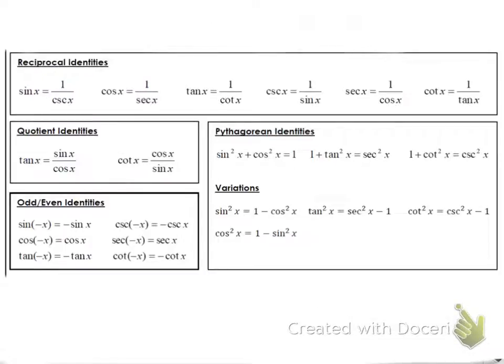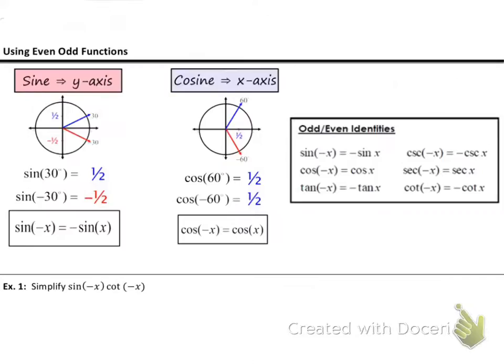So the reason why I didn't pick this other one, it's got tangent in it, right? But it has cosine and sine, so I won't be able to narrow it down because I don't know sine and I don't know cosine. Okay? So we're going to pick one that has tangent in it and only one other trig function, so I can narrow it down even quicker versus trying to solve for multiple things. So we pick 1 plus tan squared equals secant squared.